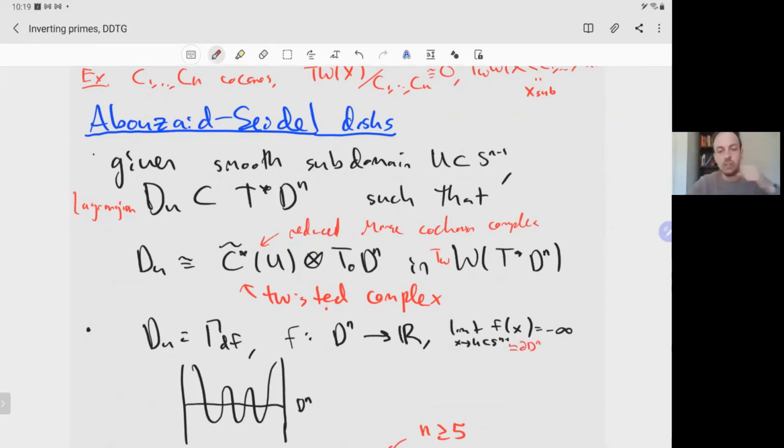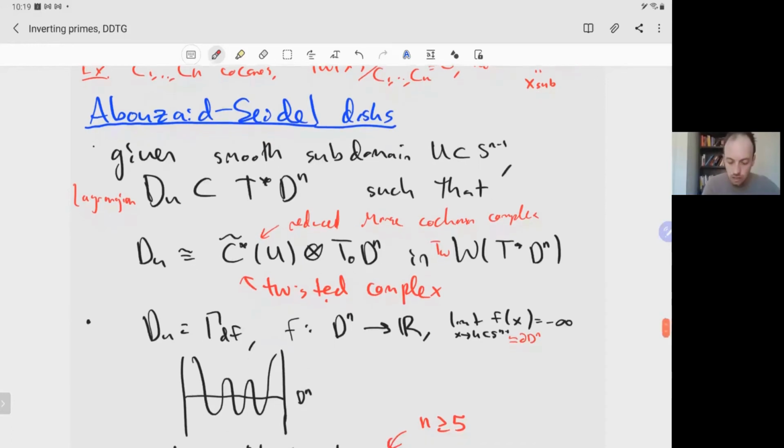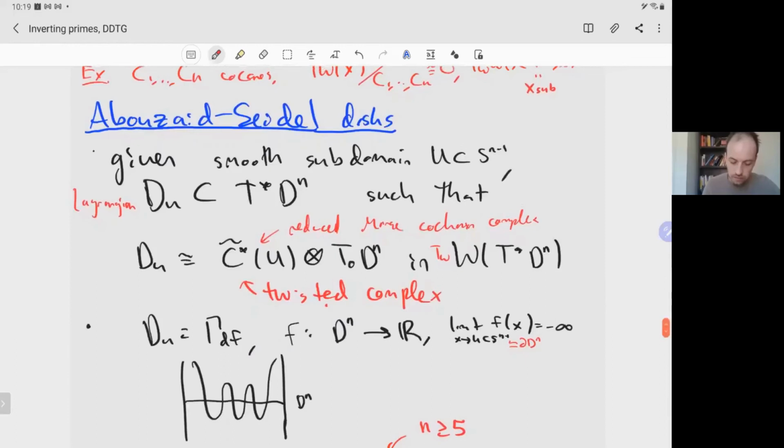And remember, there's this domain U sitting inside of a sphere, which is the boundary of this D^n. As you approach U, this function goes to negative infinity. As you approach other parts of the boundary of the disk, you approach positive infinity. So you have this function from D^n to R, and then you take the graph of its differential, and that is a Lagrangian disk in T*D^n.